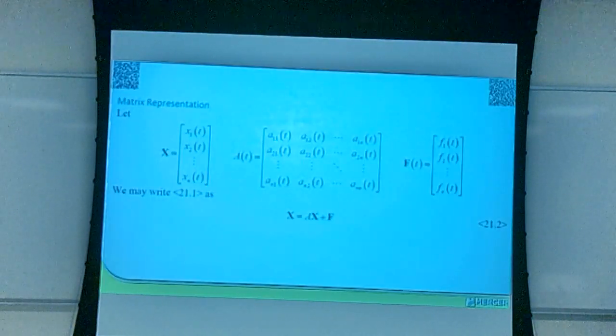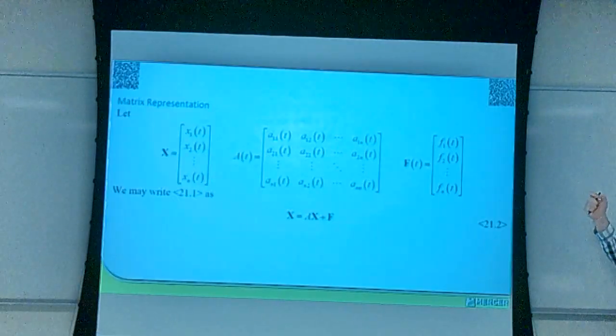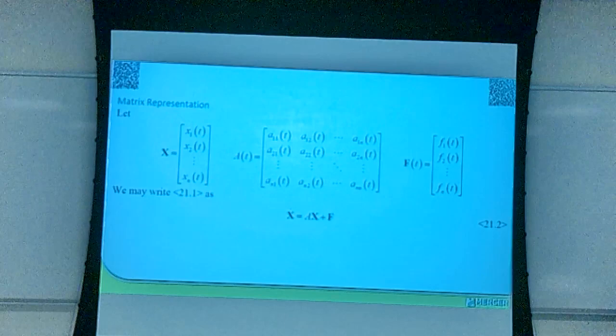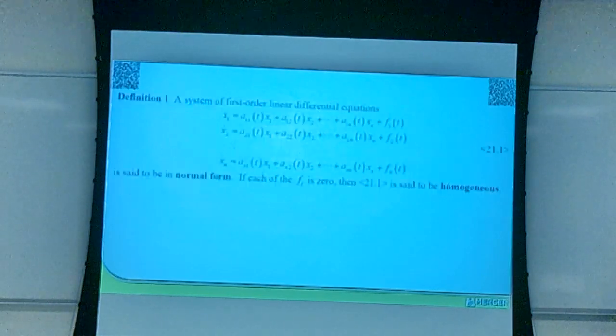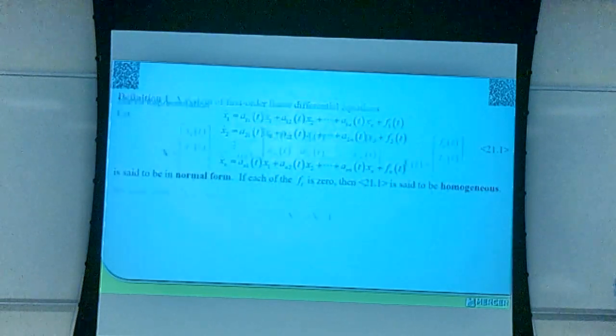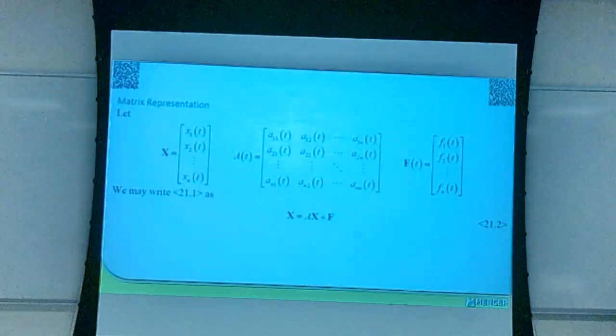Then you have what's known as your coefficient matrix A, and your capital F of t would just be the vector F1, F2, and so on. Then we can write our normal form as just X dot equals AX plus F. Yes, there's a very small dot above that X on the left-hand side.